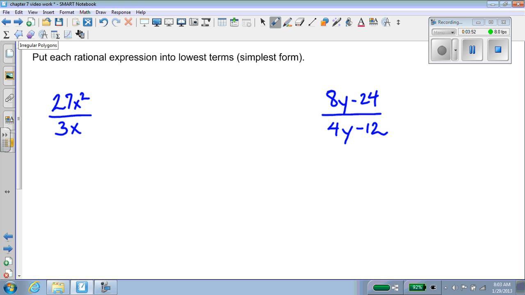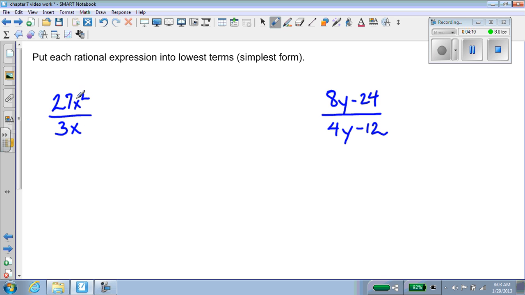Here's our other skill for today: putting a rational expression into lowest terms, or simplest form, which you have done with regular fractions all your life. So here we have 27x squared, a monomial numerator, and 3x, a monomial denominator.